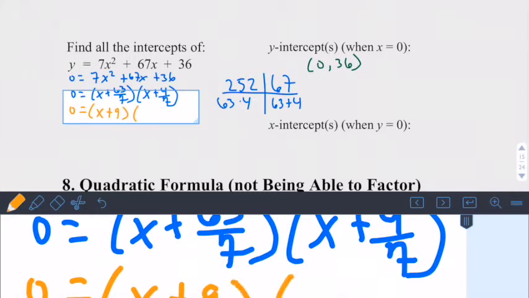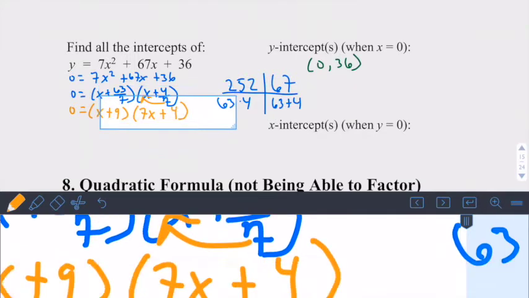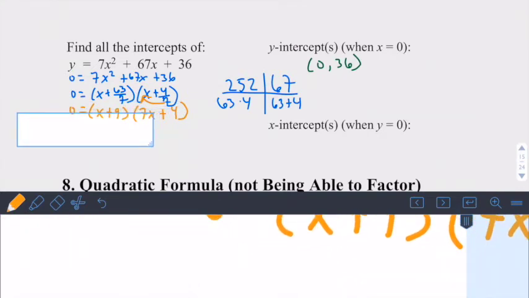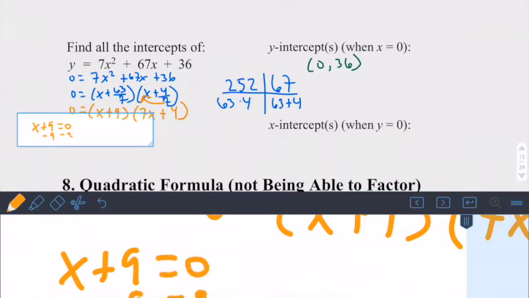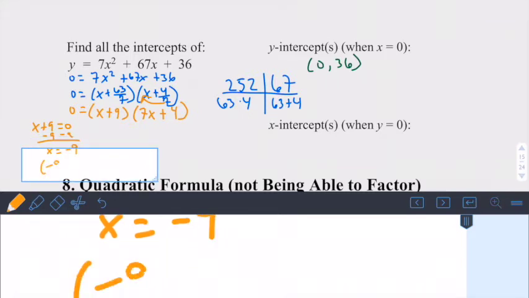And then this one doesn't divide, so I'm going to slide my 7, and I get 7x plus 4. And then I'm going to use my zero product property to solve it. X plus 9 equals 0, and if I subtract 9, I get x equal to negative 9. So my intercept is negative 9, 0.